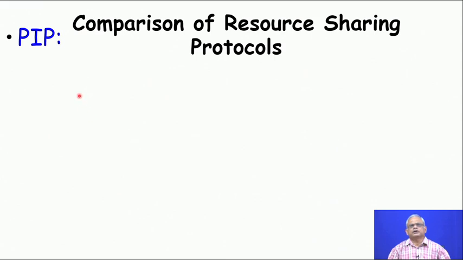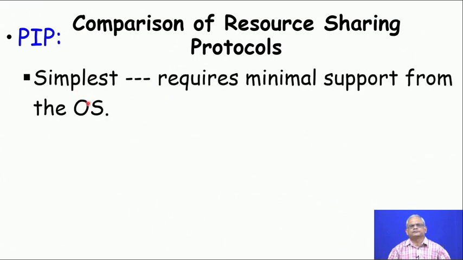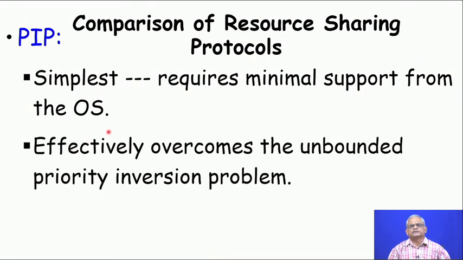The simplest protocol was the priority inheritance protocol. If you are using a very small application, a small embedded system which hardly has an operating system, then the priority inheritance protocol is the one to use. It requires very little support from the operating system.